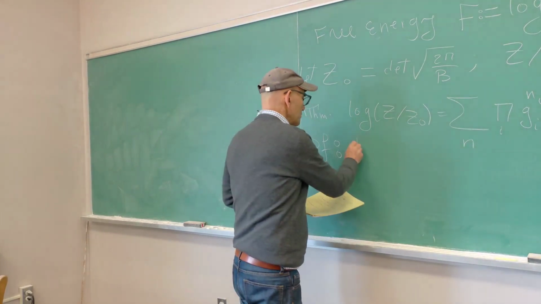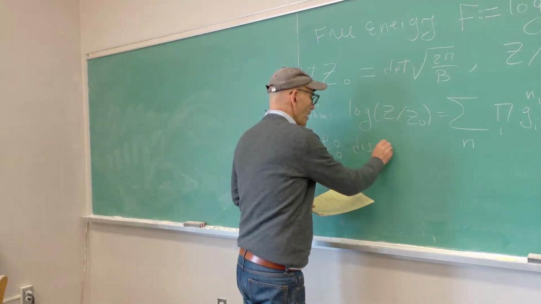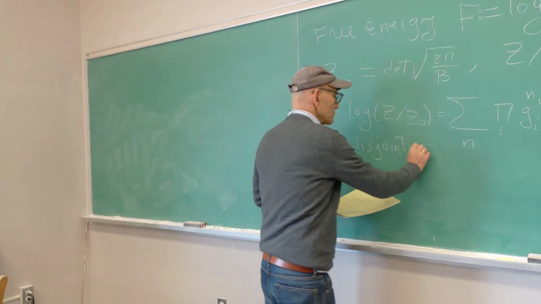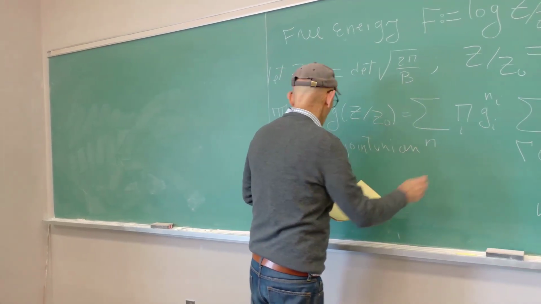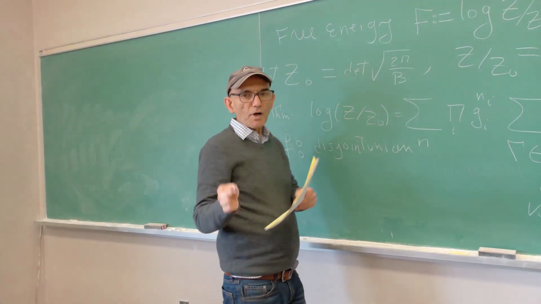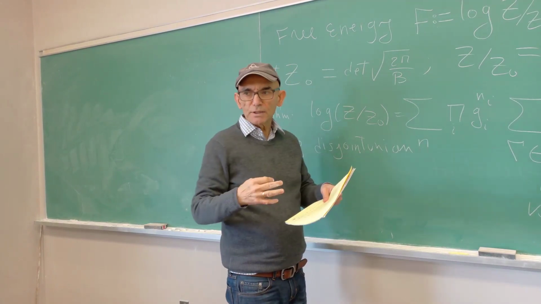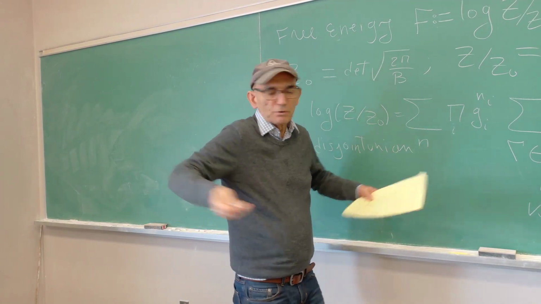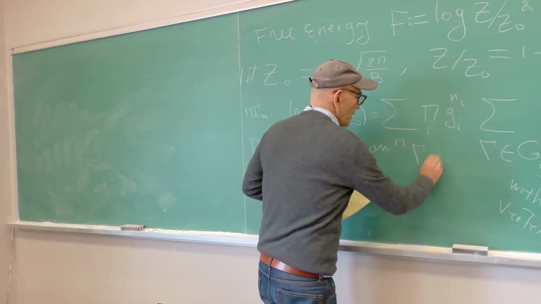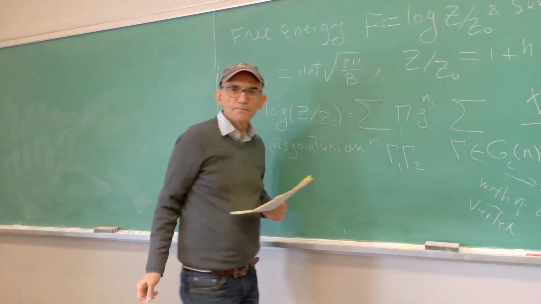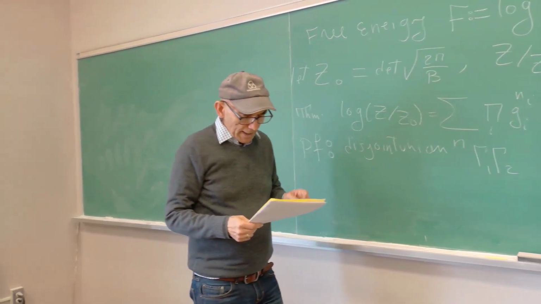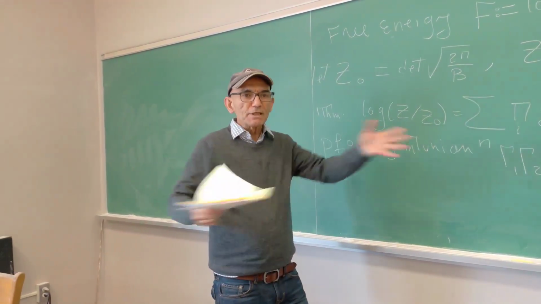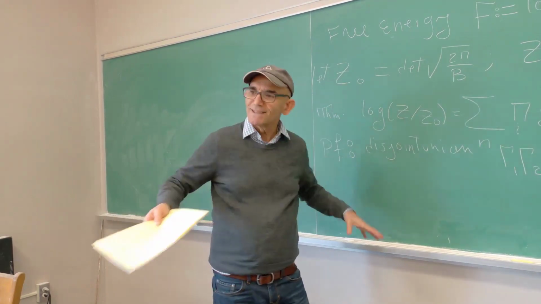There is this disjoint union operation of graphs. If you have two graphs, gamma 1 and gamma 2, we can stack them together and create a new graph, which won't be connected, but we can do that. We denote this by gamma 1, gamma 2. Then any graph can be uniquely decomposed into its components.